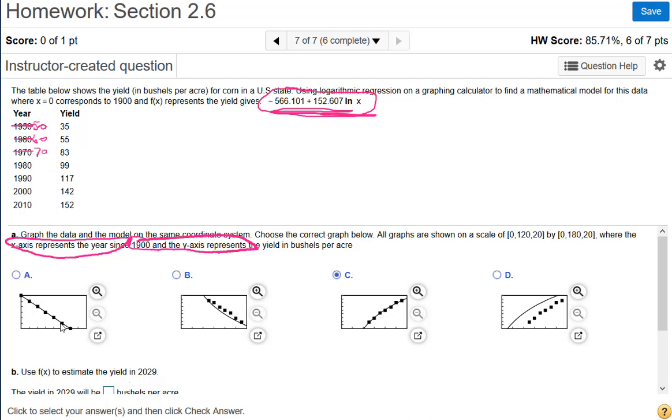First off, notice on the A choice, all of the dots are lined up in a straight line. These are not in a straight line. So I know that that is not the right choice. D choice is obviously wrong. You've got dots, you've got a line that doesn't come near matching up with the dots. And that leads me down to the other two graphs.